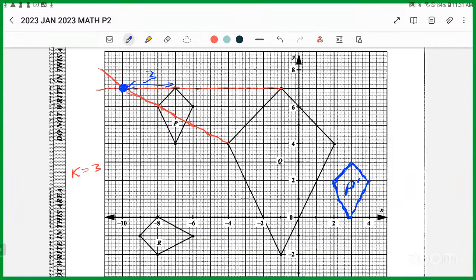So if that is the center, then the distance to this corresponding point must be 9 units from the center. The scale factor would triple that distance to 9 to bring it over to here. So let's check it. From here all the way over to here is how many units? 1, 2, 3, 4, 5, 6, 7, 8, 9.